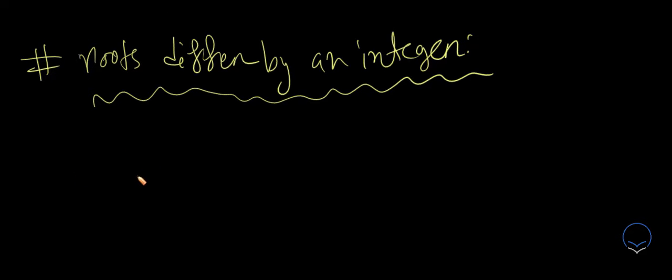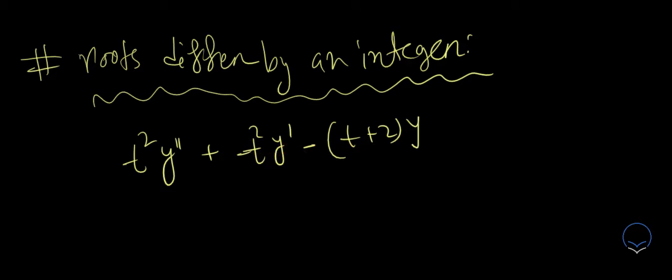Let's take the example of t squared y double prime plus t squared y prime minus t plus 2y equals 0. And obviously you need to put the solution in the form of this summation, a_n t to the power n plus r. So let's write the limits, and these are the limits.